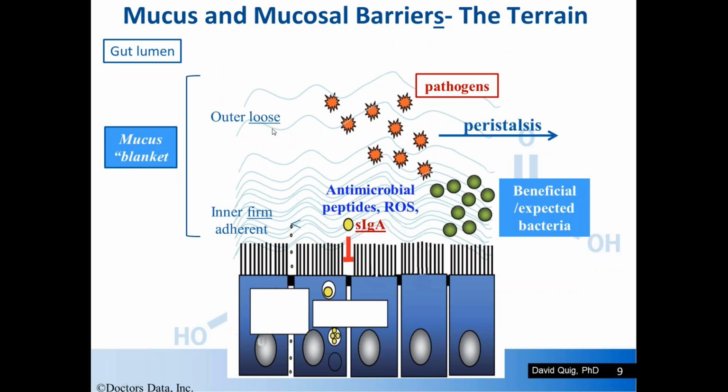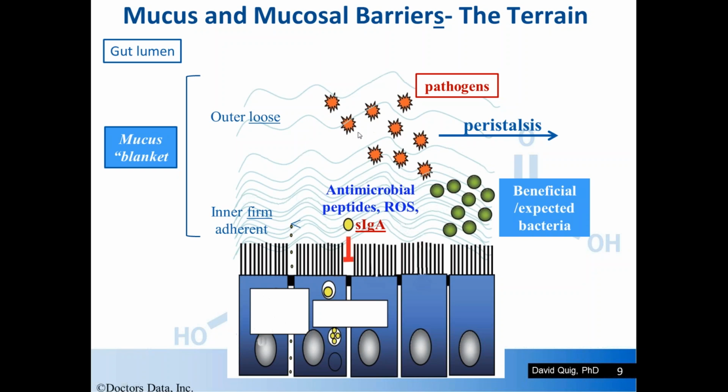This mucus blanket towards the core of the lumen is much looser than the underlying more firm adherent mucus blanket. Now, this outer loose mucus barrier is where the pathogens originally reside. And fortunately, that outer loose mucus blanket is readily removed with a bowel movement or normal peristalsis activity.